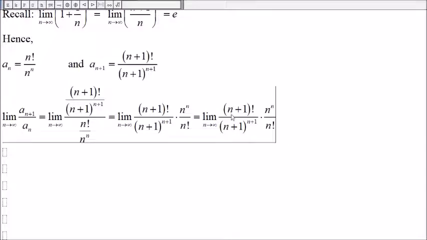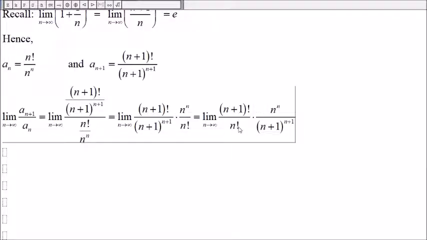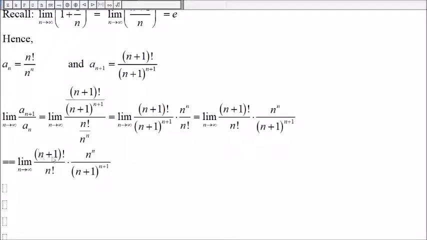So this is the same as n factorial, (n + 1) factorial, and recall that this is n plus 1 times n times n minus 1, n minus 2, all the way down to 1.